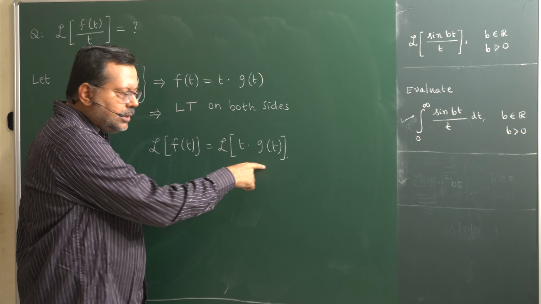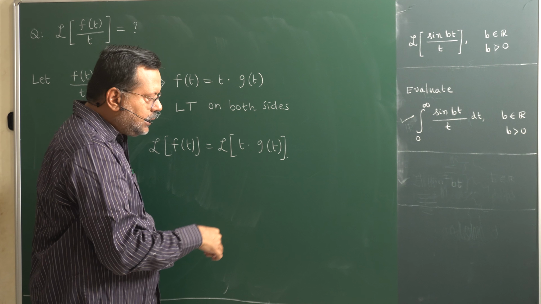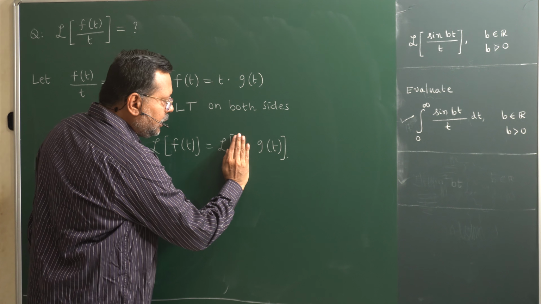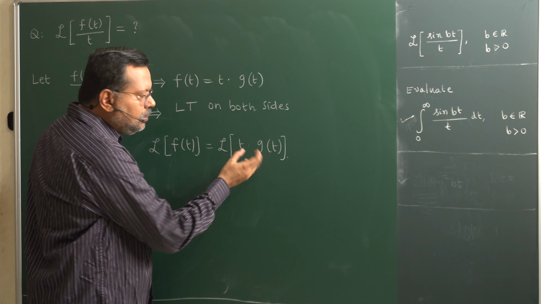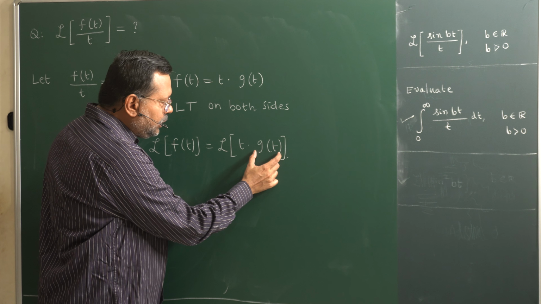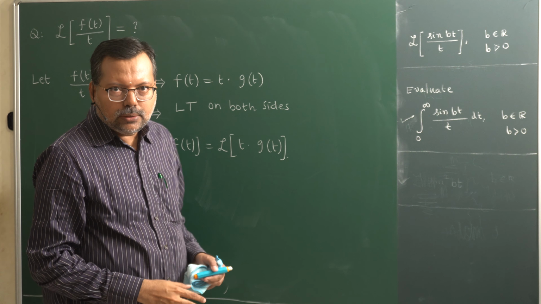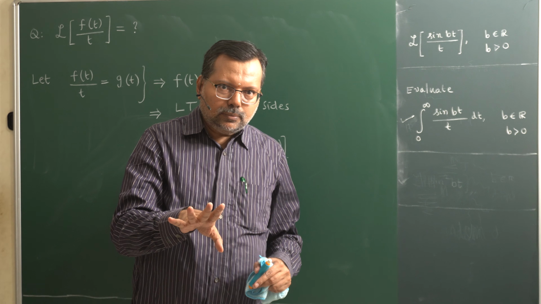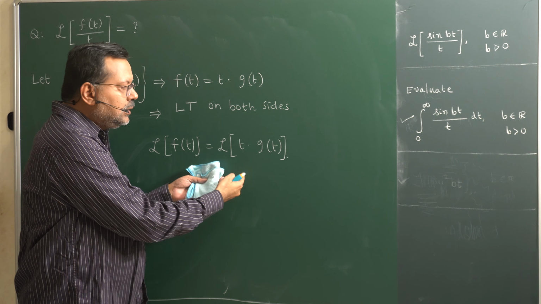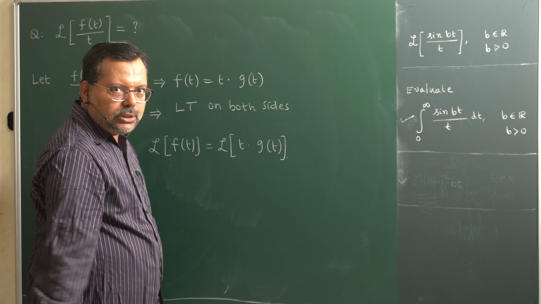The answer is yes, because just now we were explaining that this multiplication will not trouble you. You simply forget about this t here, and then this t will be converted to differentiation. So that means Laplace transformation of g of t you first do, then perform a differentiation. So that means we are going to get the answer. We already know what is going to happen in future, and therefore based on this idea we are going to proceed further.